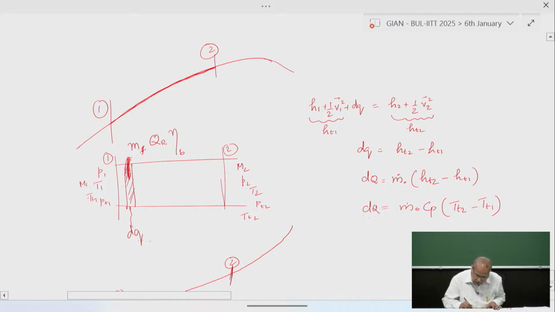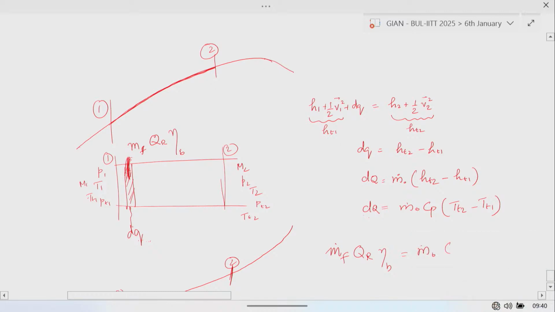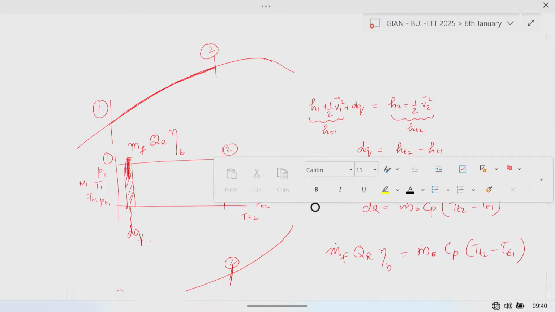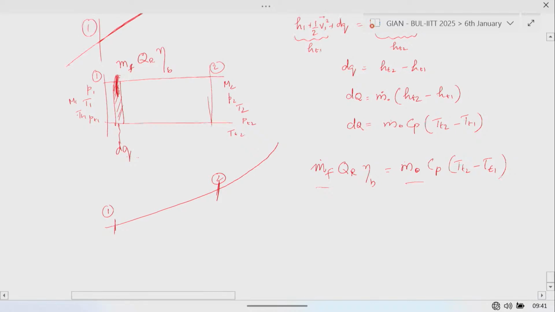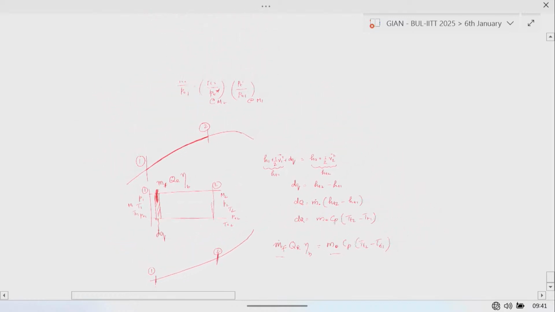So we can write here m dot F QR, efficiency of the burner, is m dot O Cp Tt2 minus Tt1. Now since m dot O and m dot F is given, we can also calculate the air fuel ratio or fuel air ratio depending on other parameters. This can be done through the Rayleigh theory.